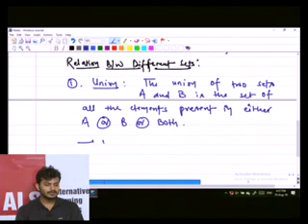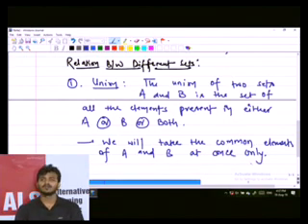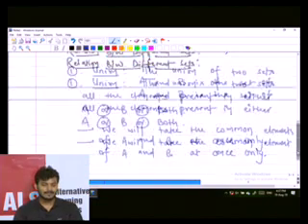But make sure we count the common elements of A and B only once. If there are some common or repetitive elements, we will count them only once. Okay?